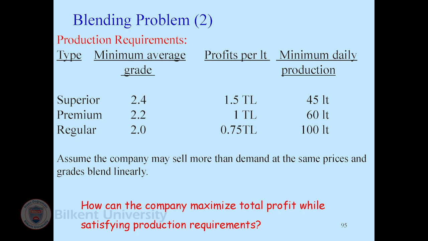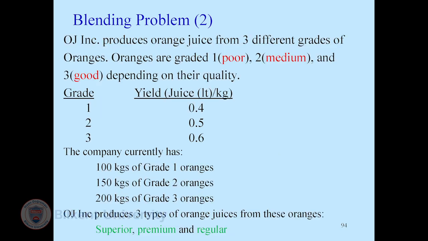Let's go back to the first page because this problem requires to observe a little bit. I have 3 different types of oranges. Each has grade numbers on it, and each yields different amounts of orange juice. So I'm going to mix these and come up with 3 different types: premium, superior, regular. All right? Depending on how I mix them, the average grade will change.